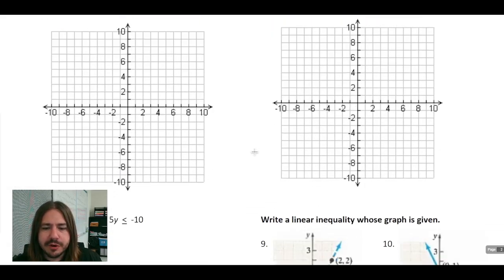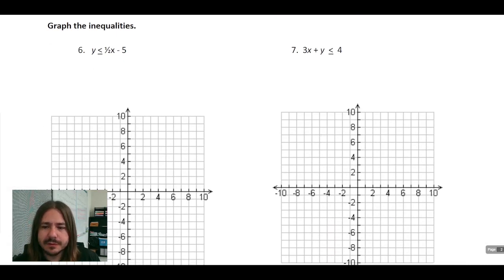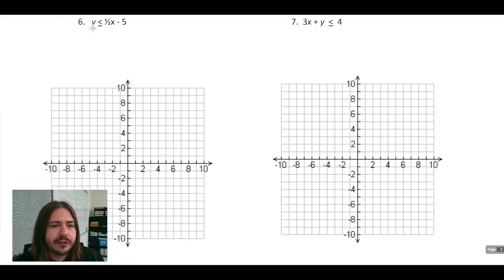Looks like, from here on out, just a lot more inequality stuff. Number 6 has a y-intercept at -5. Now, the inequality symbol here is less than or equal to, so we are going to do a filled-in dot with a solid line. And we're going to start that line at the y-intercept, which is -5.